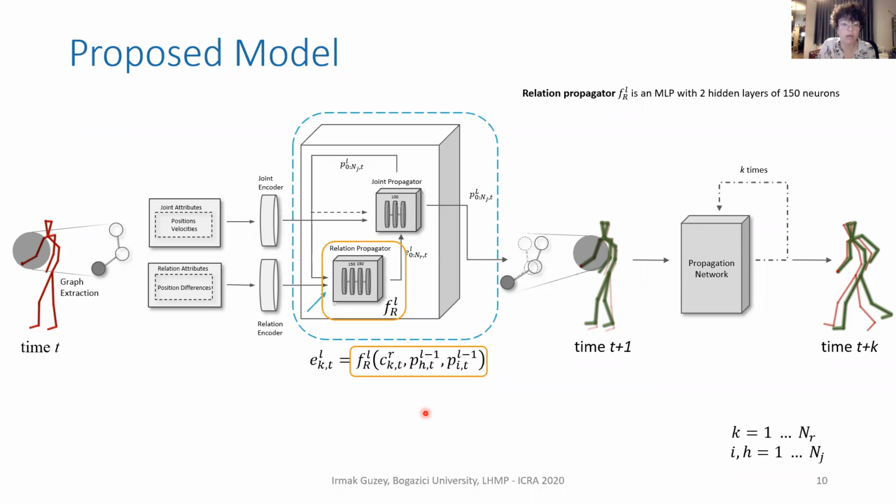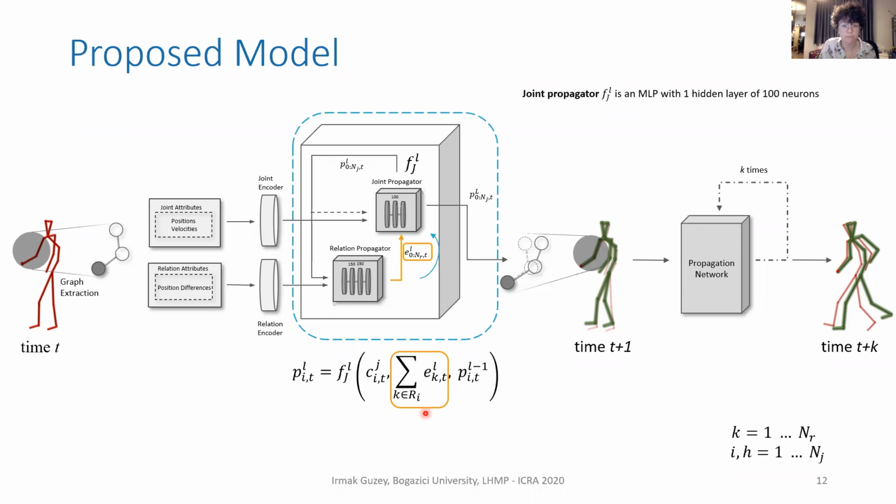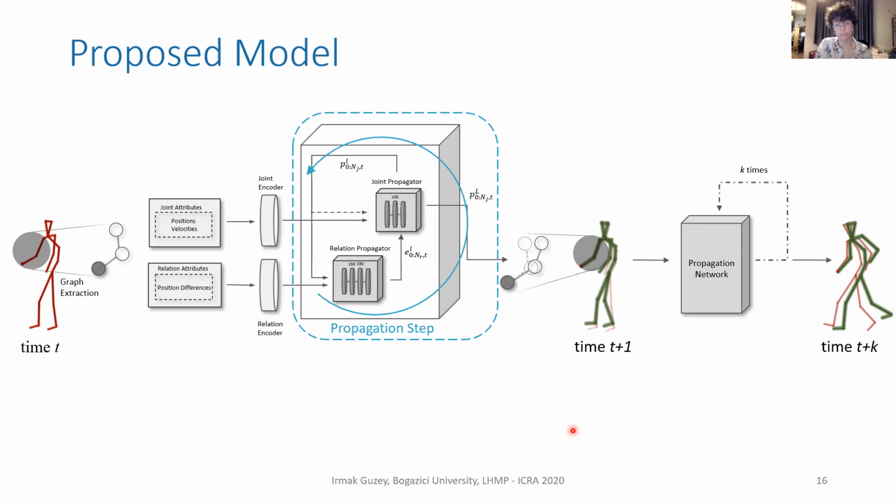And an MLP evaluates the propagating effect of relations in the current step. Then, these relation propagating effects are accumulated, and with the encoded joint attributes and propagating effects of joints in the previous step, passed to the joint propagator, which then calculates the propagating effects of the joints. This process of using propagator MLPs subsequently is denoted as a propagation step.